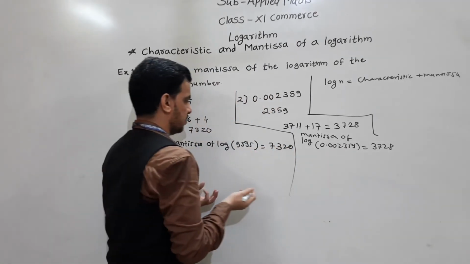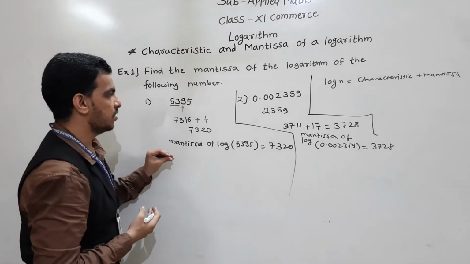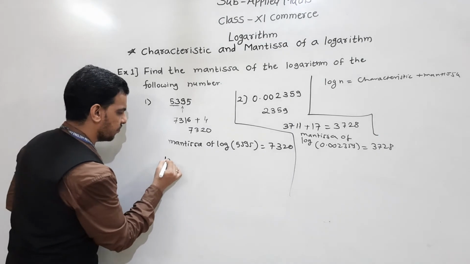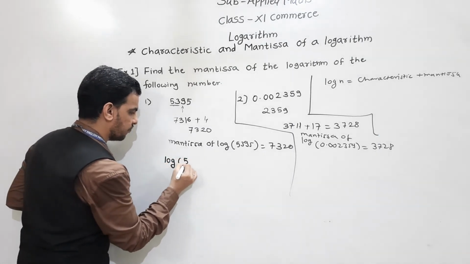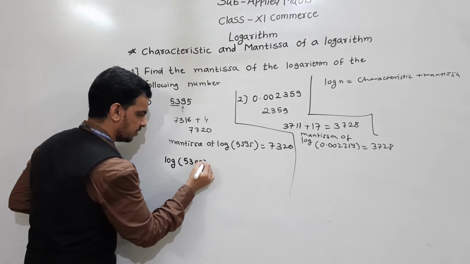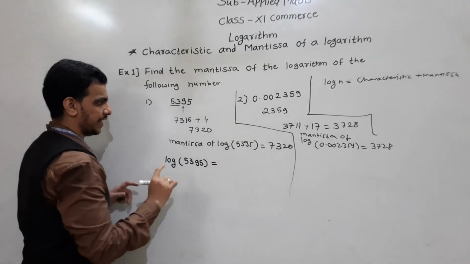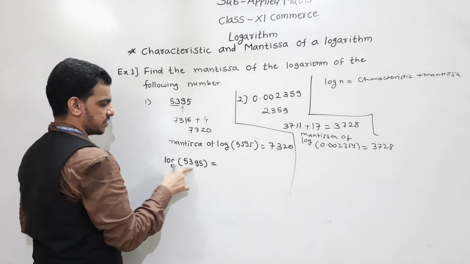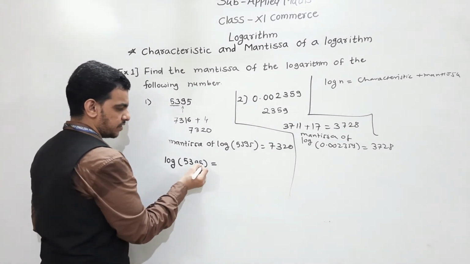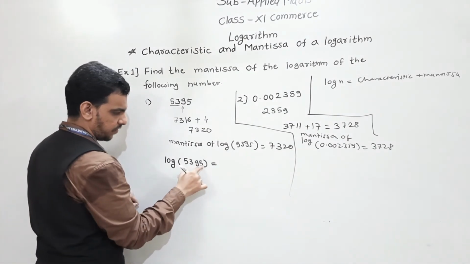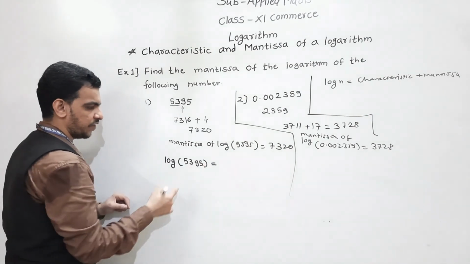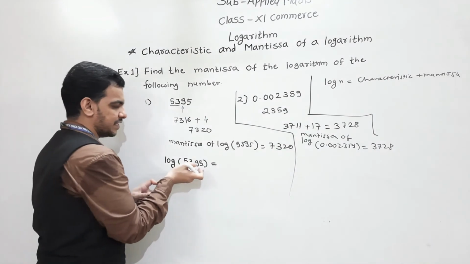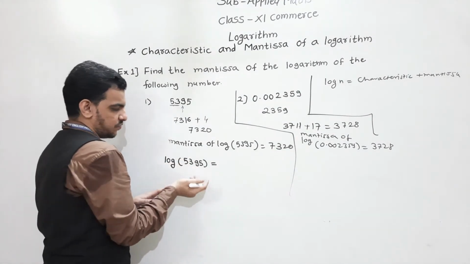Okay, so suppose, I will explain this also, how to find log of this number. Suppose we have to find log of 5395. So it is equal to characteristic plus mantissa. The decimal point is after this 5. If we have to find the characteristic, before the decimal point, how many digits are there? It is 4. 4 minus 1 is 3.